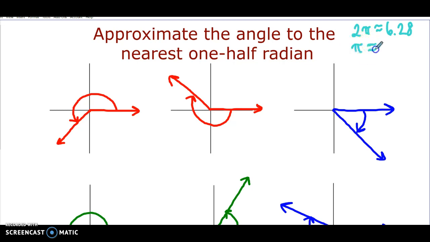It's about 3.14. Well, what's pi over 2? That's about 1.57. And then what's 3 pi over 2? That's about 4.71. So hopefully this will help you approximate, to the nearest 1/2 radian, what these are about equal to.